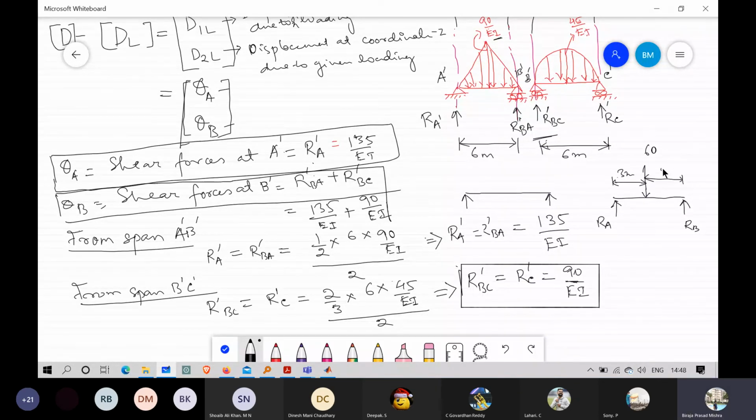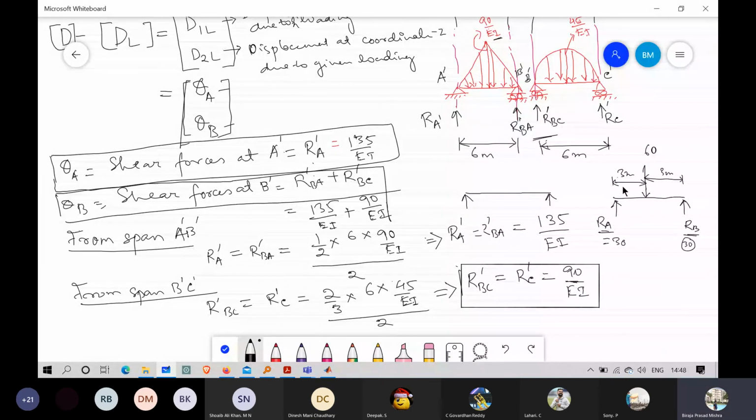So how much will be RA and RB? Half, 30. So this will be 30, this will be 30.